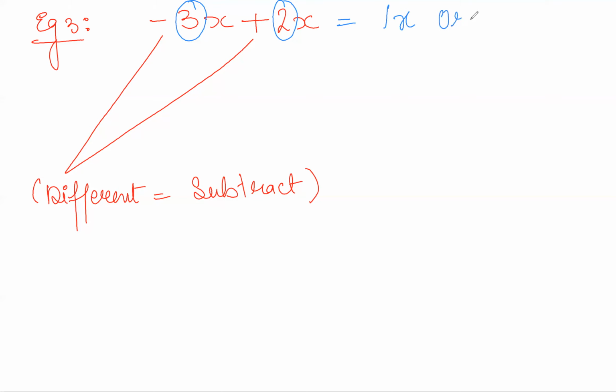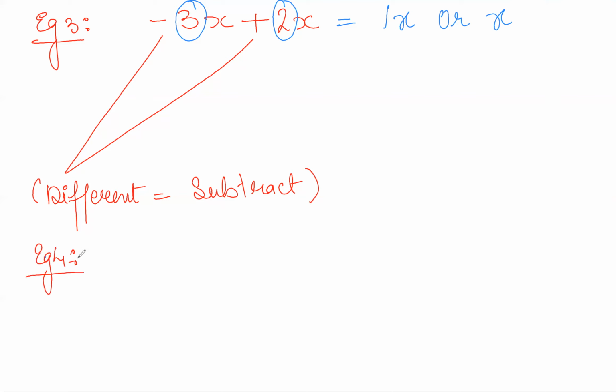Also, whenever you are left with 1, you can leave the variable as it is, because a single variable without a number actually means it has 1 attached to it. All right. Now, one more example, my example 4.